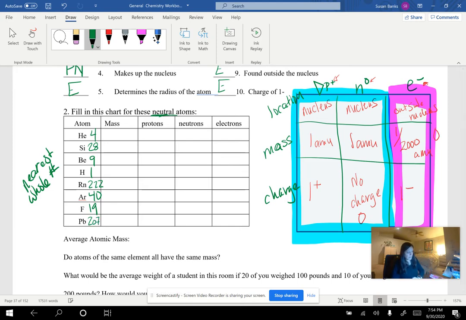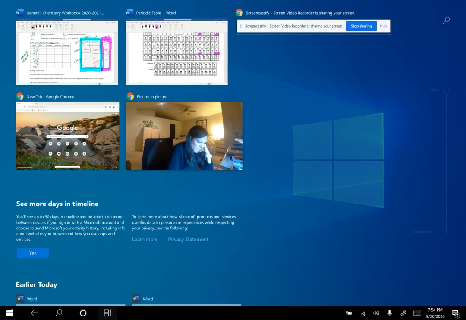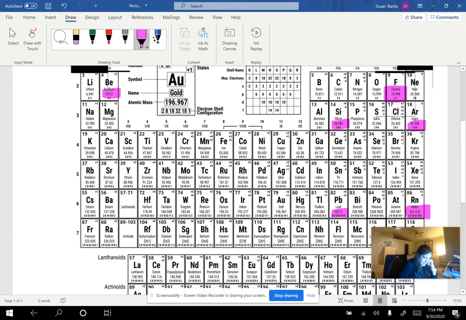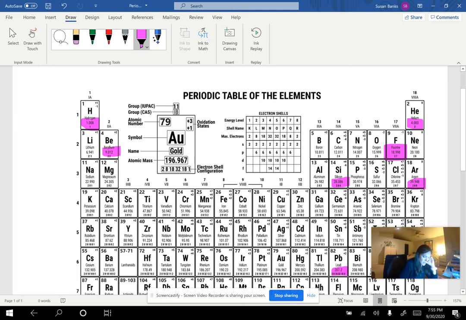Okay. Now, the other thing that we need to grab from the periodic table is protons. And I probably should have grabbed them. Let's just grab it from the periodic table really quick. Helium is 2.